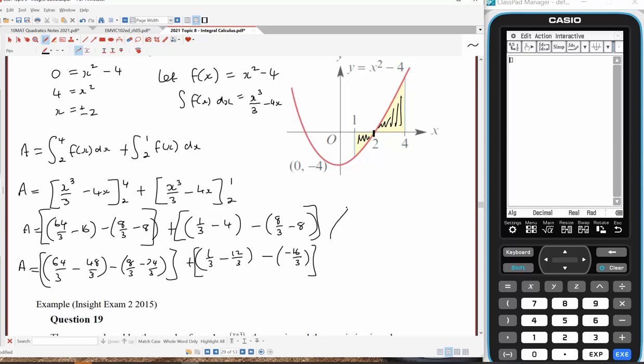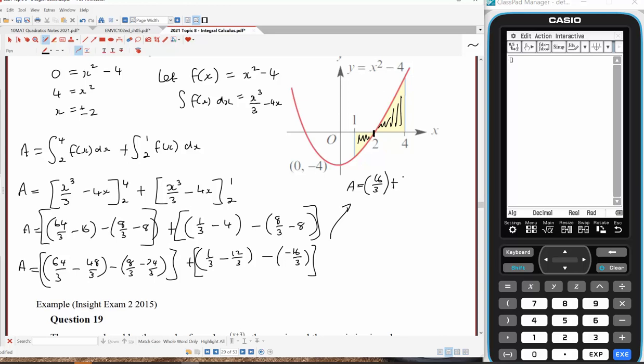All right, let's continue the fun over here. A equals. All right, so negative 64, plus 48, is negative 16 on 3. Take away this one here, so we're going to subtract what this result is, which means that we end up adding it.